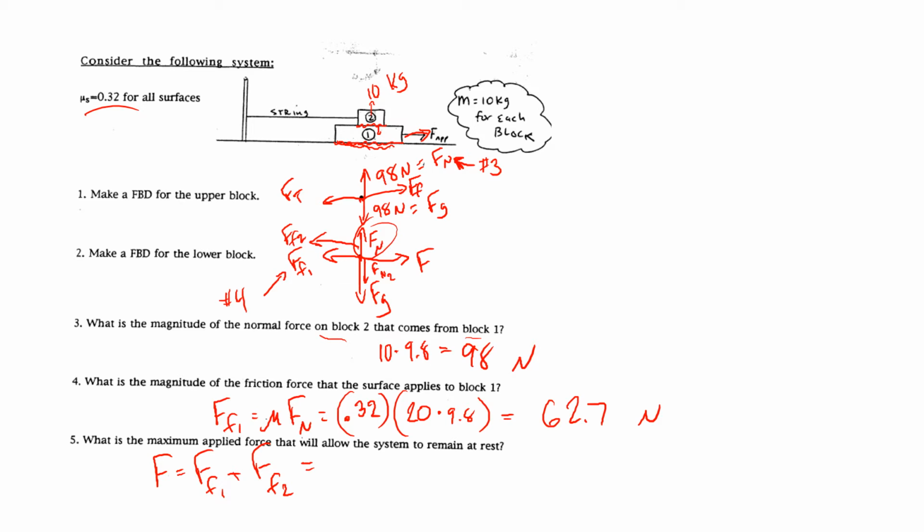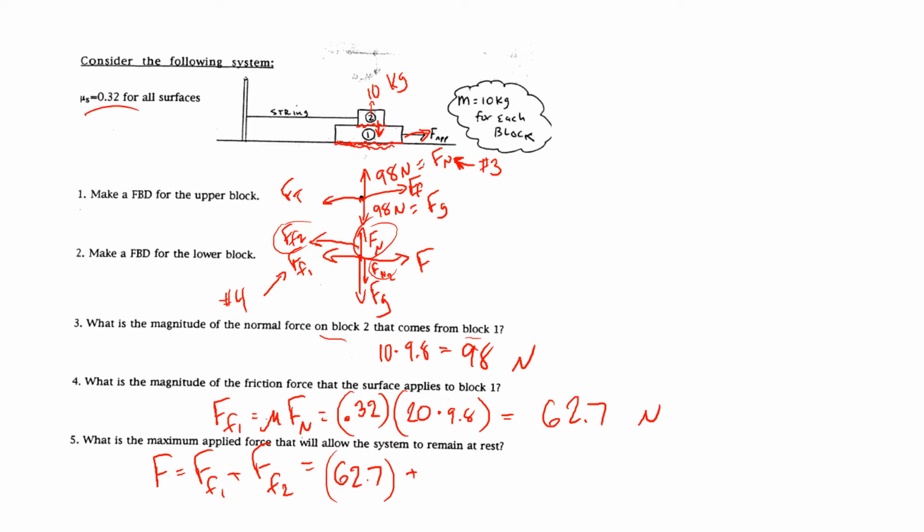Now, your friction force 1, we already figured out. I'm not going to rewrite all the formulas for it. It's just 62.7. That's what we just did. Plus your friction force 2, right? This guy comes from the force normal here, right? Well, because this block is pressing down on it. So there's this normal force there.